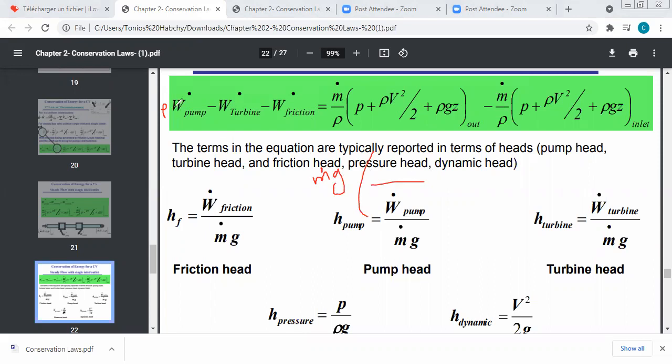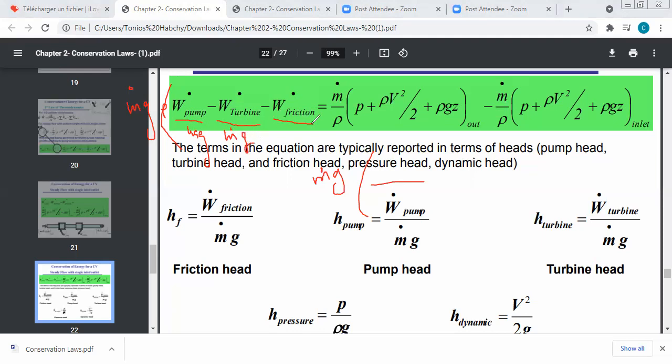We'll do the same for the left hand side. If we take m dot g into factor, we'll obtain W dot pump over m dot g, W dot turbine over m dot g, and all of these terms also will have the unit of meter.